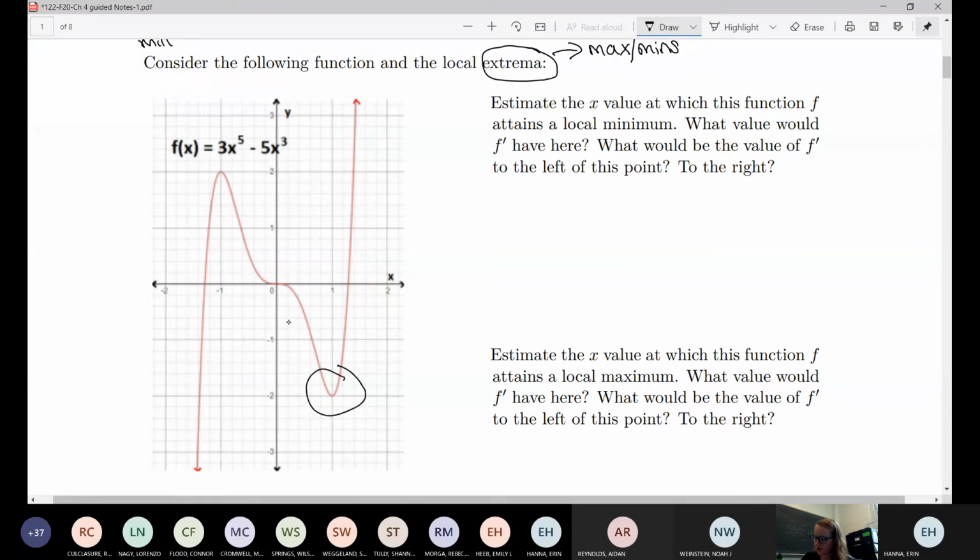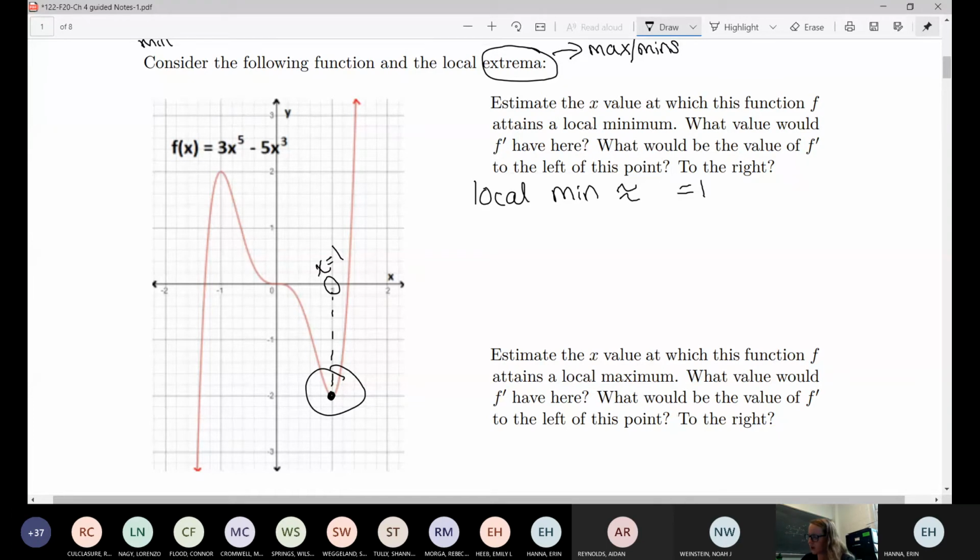Well, the local minimum would appear down here. So it would be at this point. So its x value would be 1. Again, sorry, it's a little blurry. So we would say this has a local min, and let's just say approximately x equals 1.